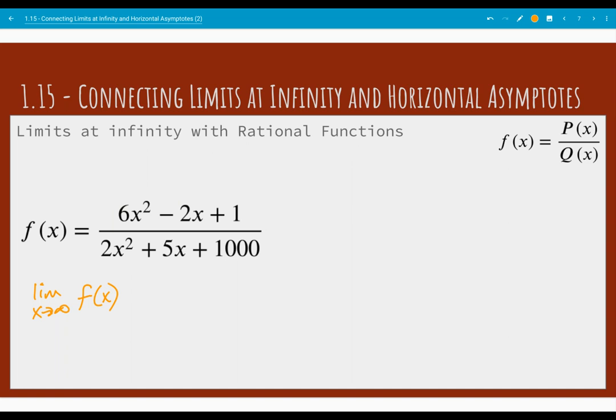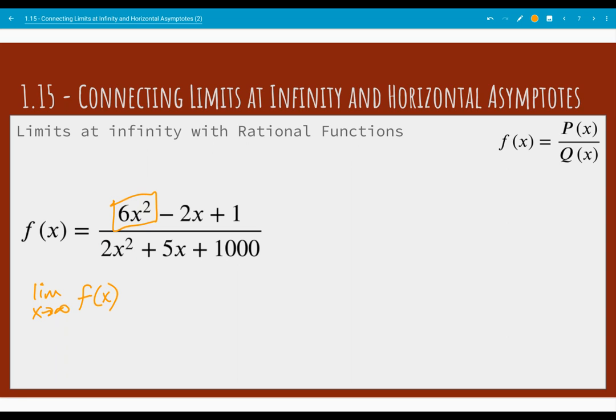In the denominator, same idea. When we plug in a really big number, this is going to have a much bigger impact than the other terms. So I know the 6x squared and the 2x squared are going to have bigger impacts because the degree on the x is bigger. So what we can say is the top is going to behave like the function 6x squared.